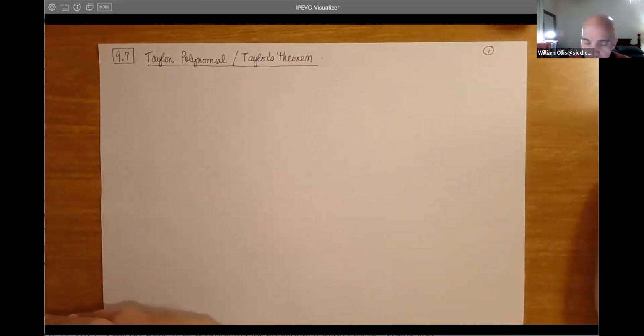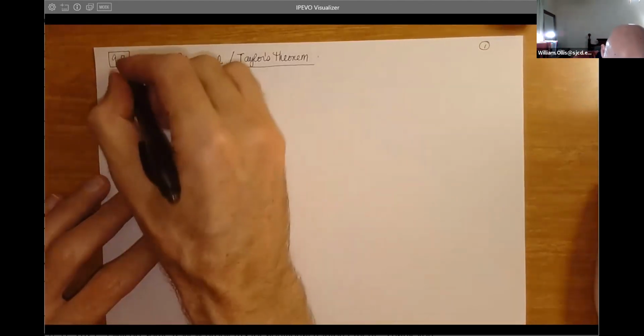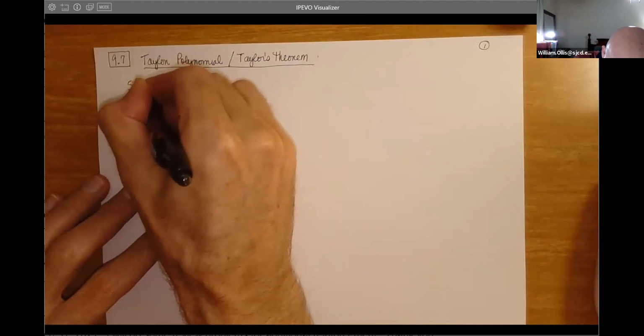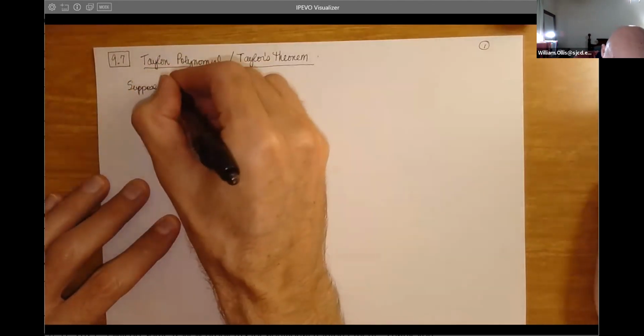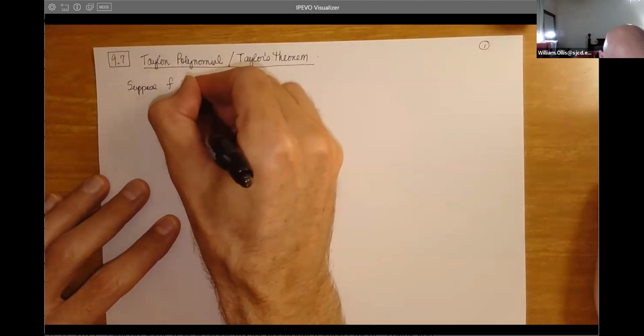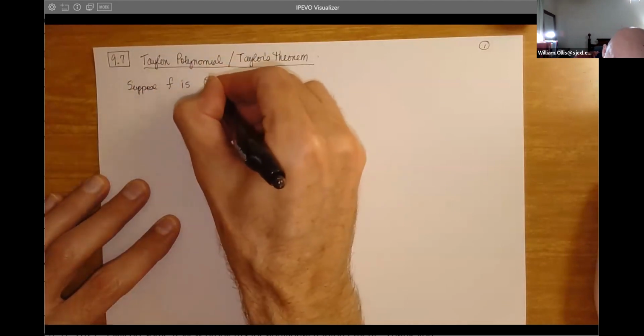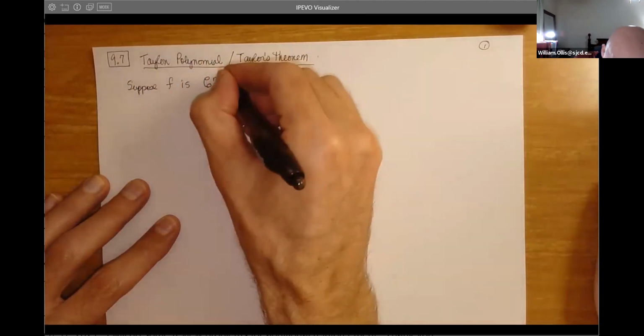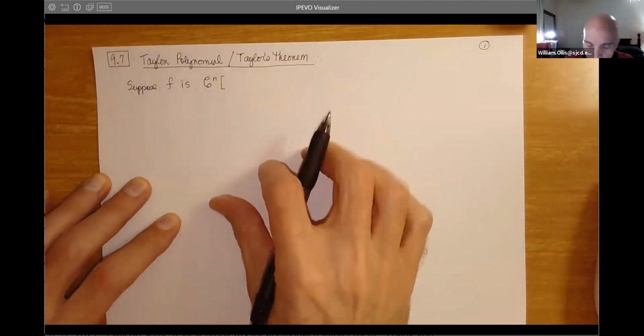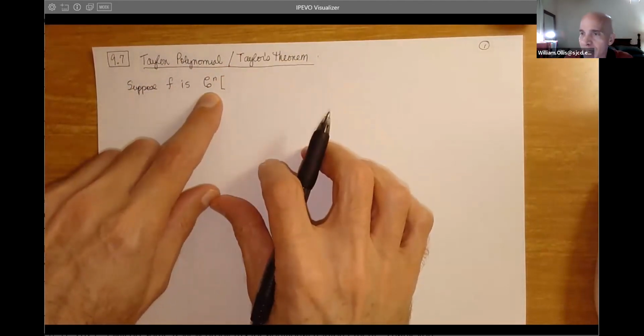So when we think about a polynomial, at least in terms of calculus, we want a polynomial that showcases calculus. So what we're going to do is suppose f is, and what I'm going to use as a notation, we're going to say C^n. This is going to mean continuous derivatives through order n.